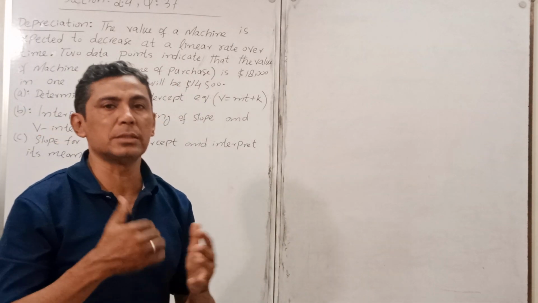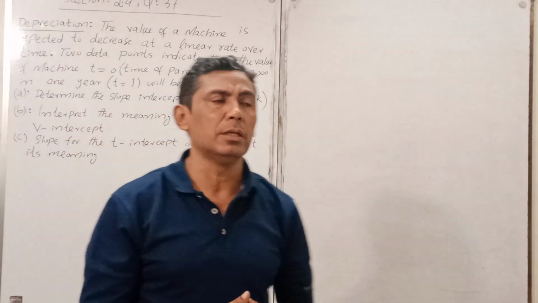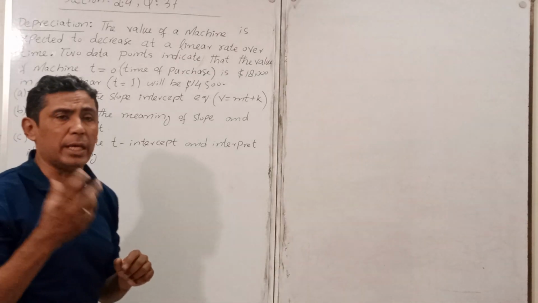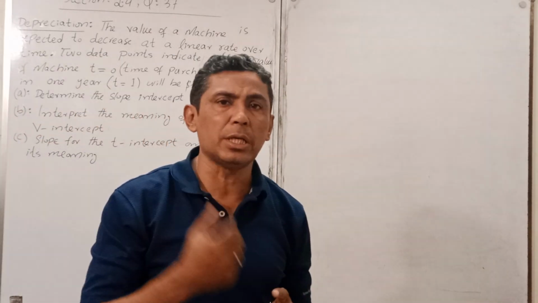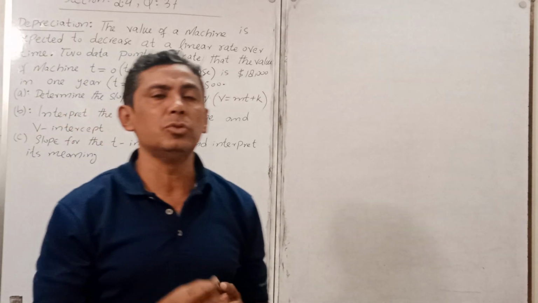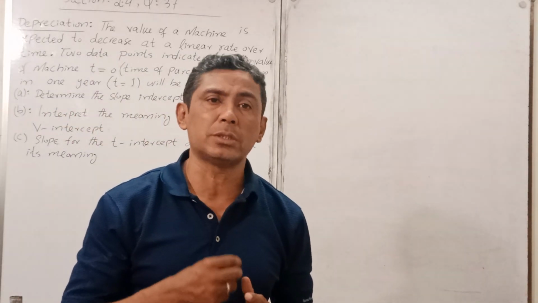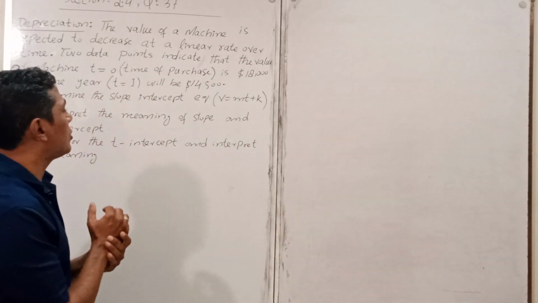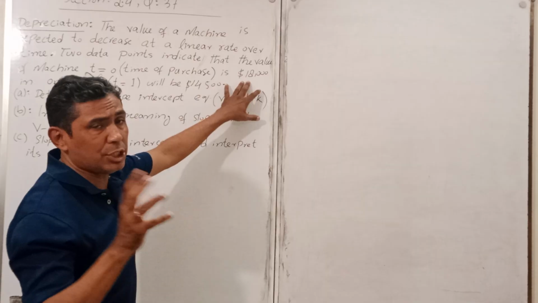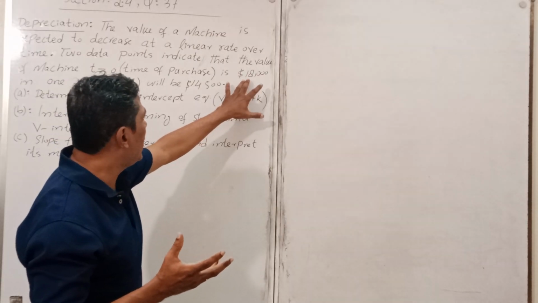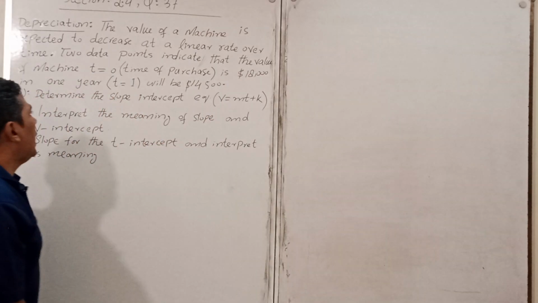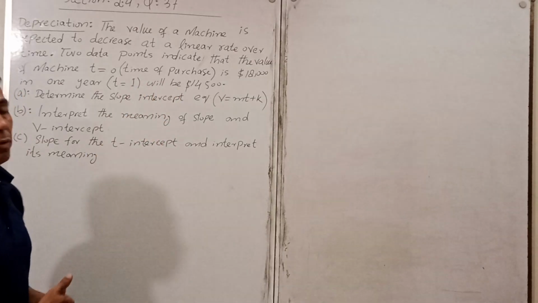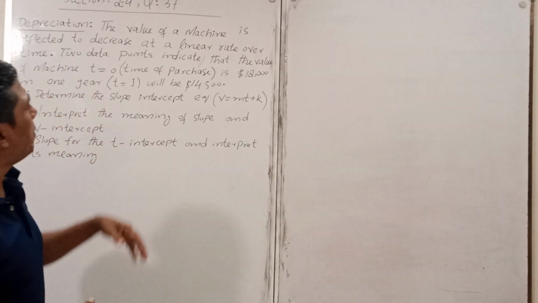What does it mean? Because the question is related to depreciation, when you purchase the machine and no time has passed, the initial cost of that machine was $18,000. And now after 1 year, there is depreciation in the value of the machine.